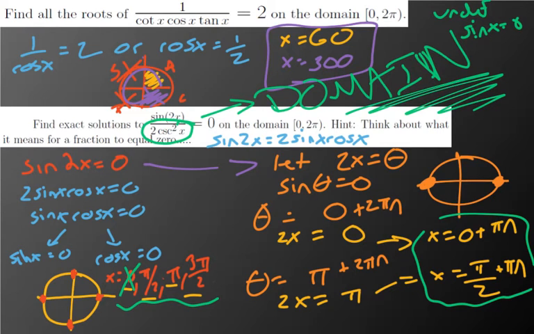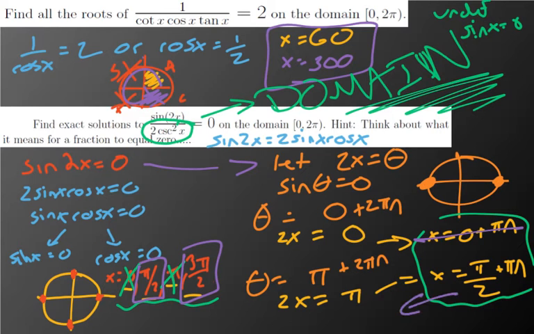Sine of pi over 2 is not 0, so it's going to be fine. Sine of pi, though, is 0, so that's not good. And sine of 3 pi over 2 is fine. So the final answers you would have in this problem would be pi over 2 and 3 pi over 2. This would entirely get thrown out because of domain.